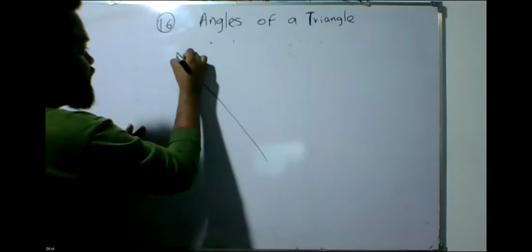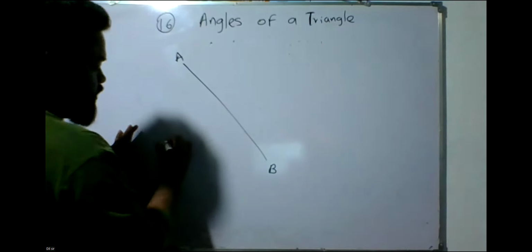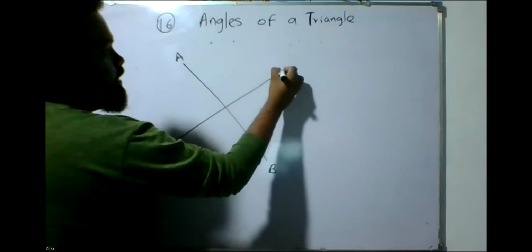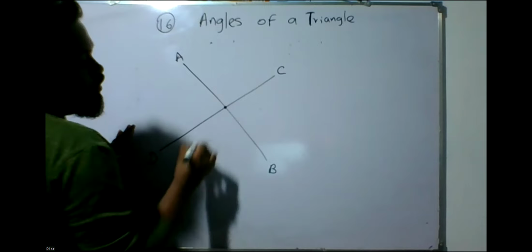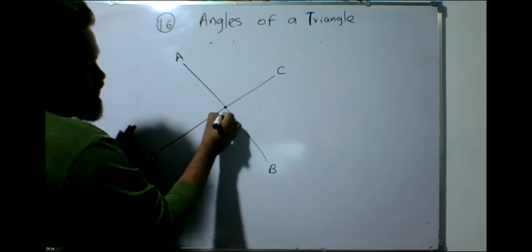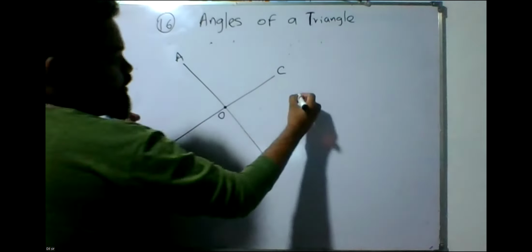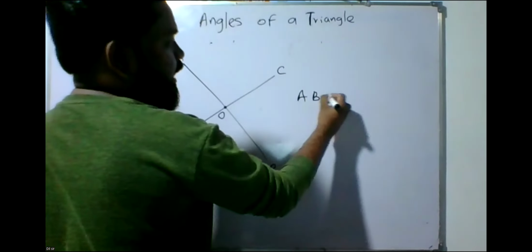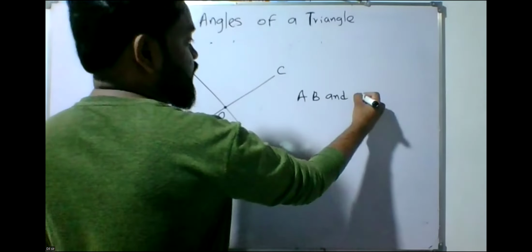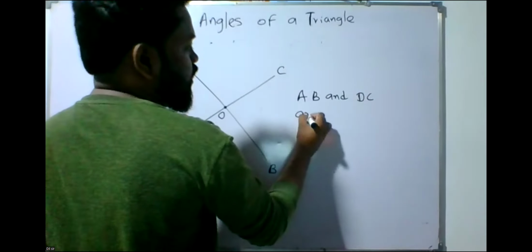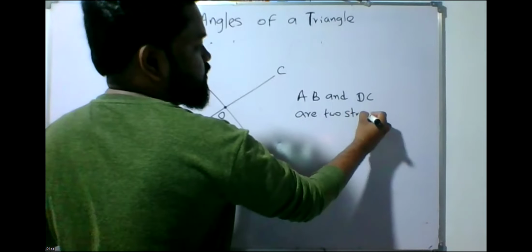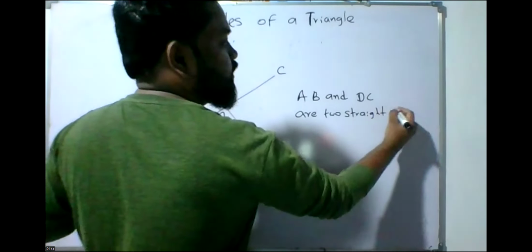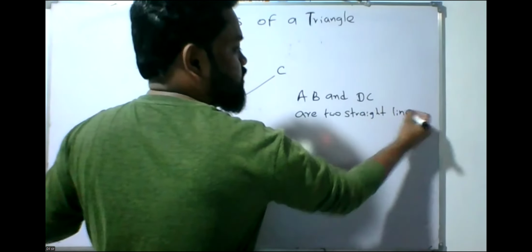AB is a straight line and CD is another straight line segment. Both of them meet at O. AC and DC are two straight line segments.